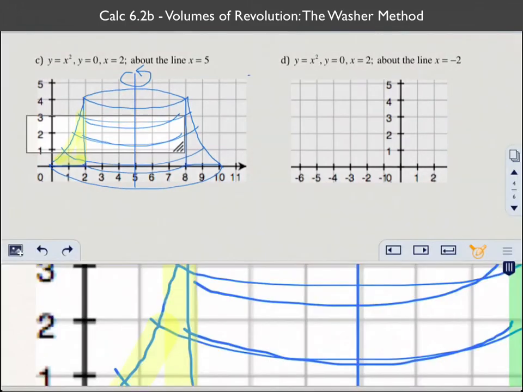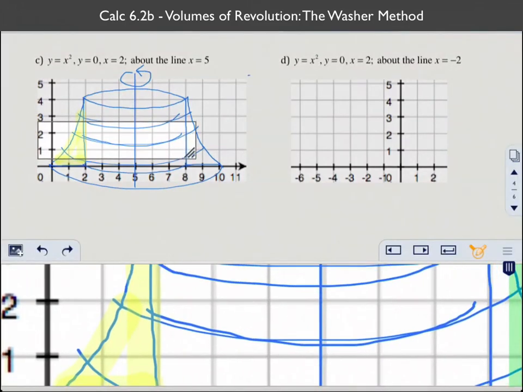Okay, so let's draw our representative rectangle here. So you can see that this portion from here to here is going to be our inside radius, or the small radius. We'll call that lowercase r of y.